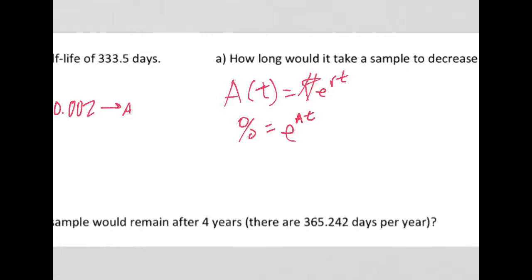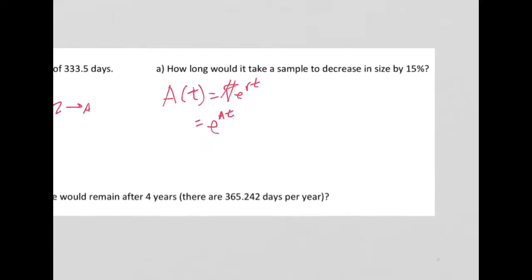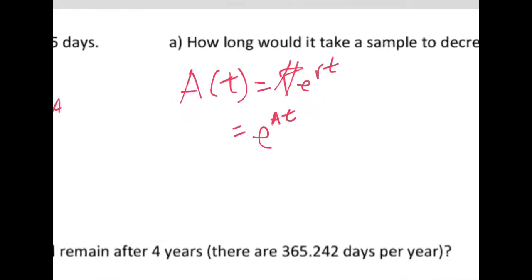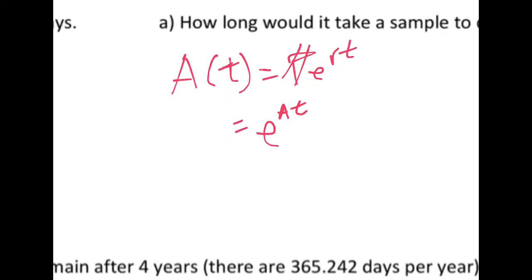And we don't know what time is, but we do know that we want the percent to be something specific. We want to know how long it takes until it decreases by 15%. Well, if it's decreased by 15%, that means that 85% remains, so I need 0.85.